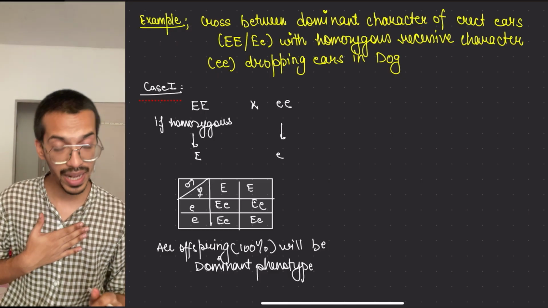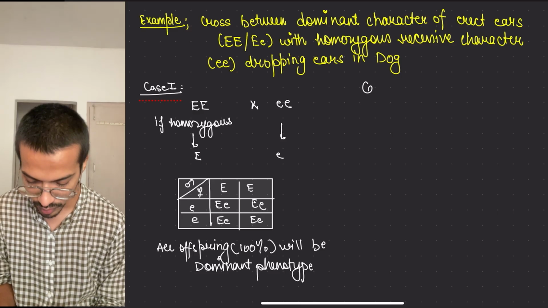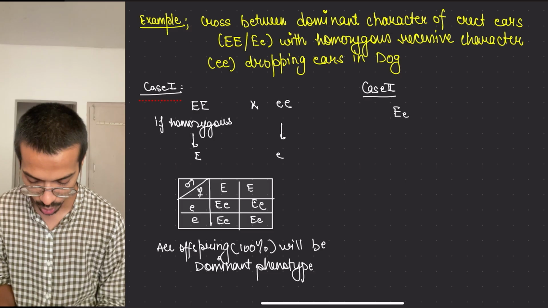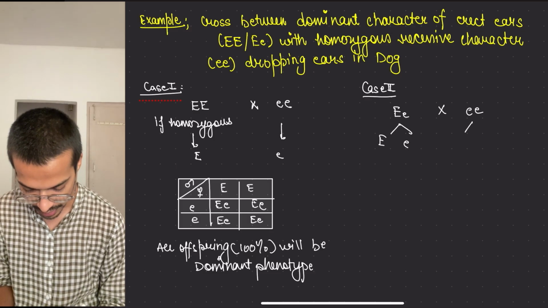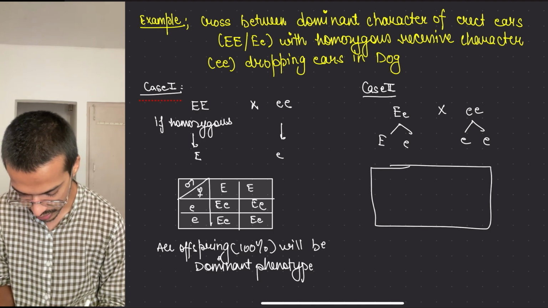But if I would be heterozygous, that is case 2. If I am this, and then there is a cross being made, the options are these two gametes. Let's make a Punnett square in this case. How will it look? Let's see.